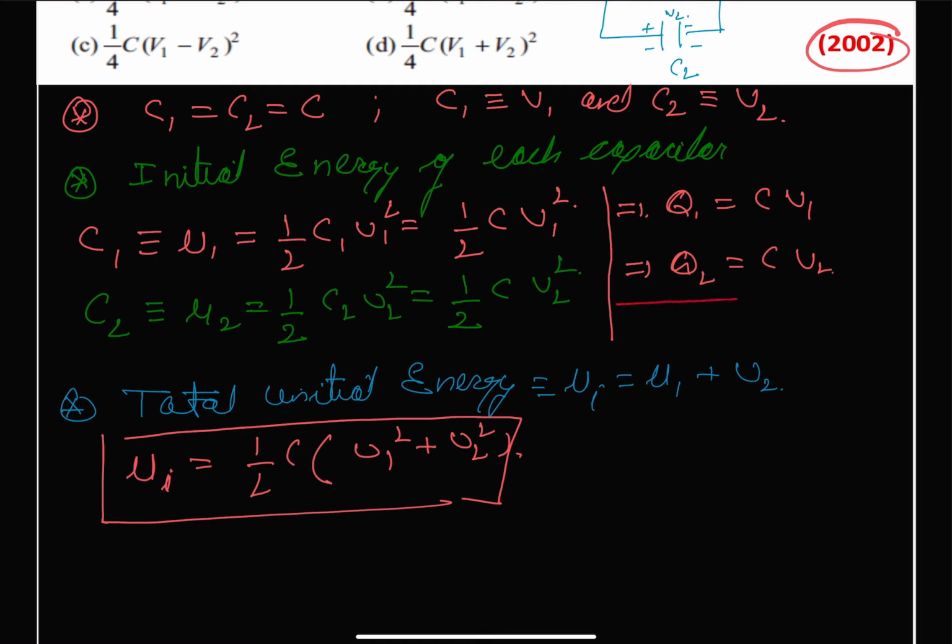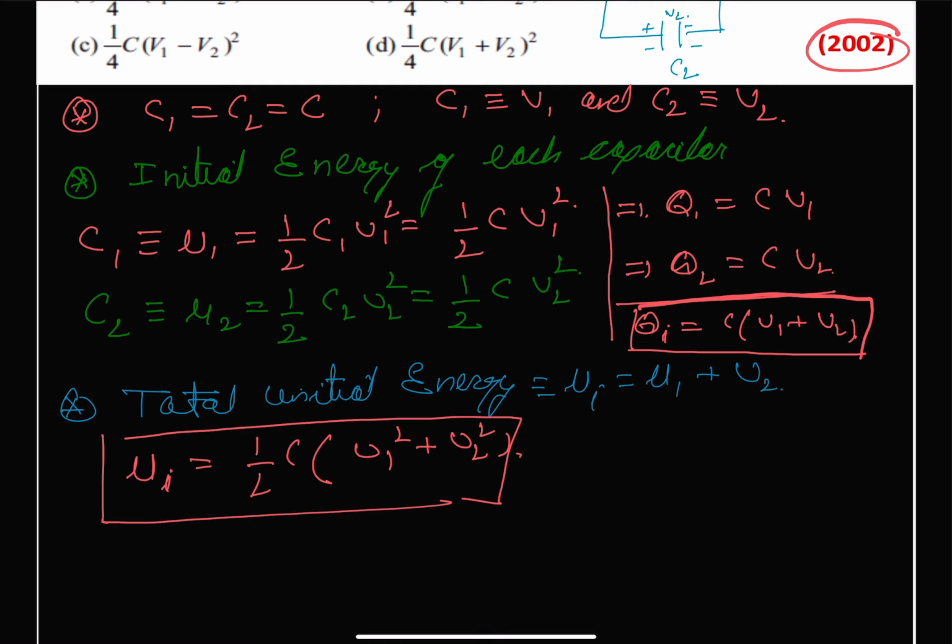So the total charge, that is our Q initial, will be equal to Q1 plus Q2, and taking C common, it is C times V1 plus V2. We have to remember that before and after, the charges will be conserved.